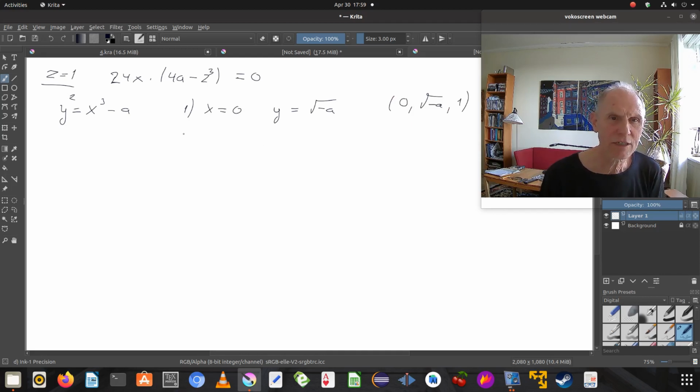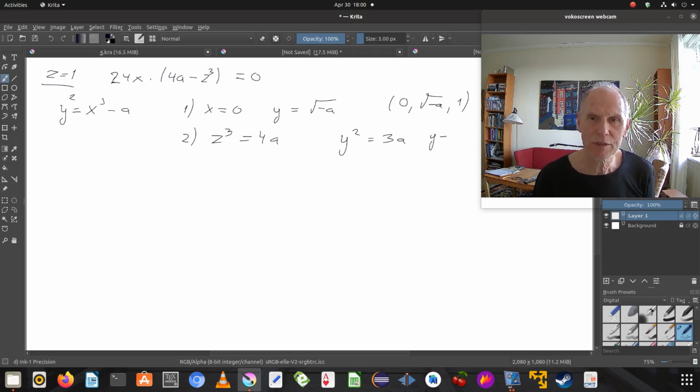And the next, that's if z to the third equals 4a, then y squared equals 3a. So y has to be square root 3a plus minus.